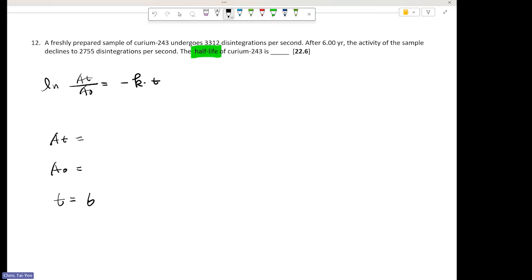What's your At? Good, 2755. A0 will be 3312. I want you to pay attention to the unit. Do you know what this means?